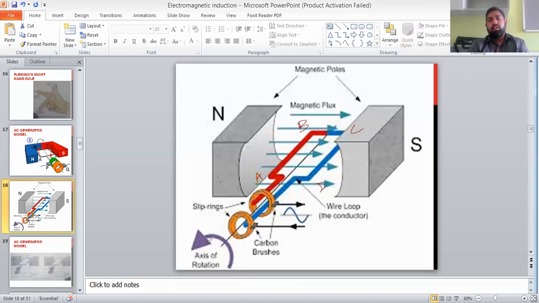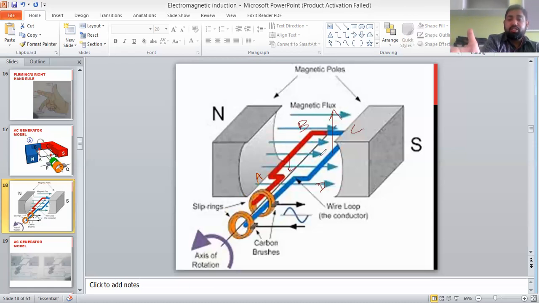So if it's moving anti-clockwise, you can consider the direction of force on AB and CD. So blue is moving up and red is going down. So you can apply Fleming's right hand rule on it. Direction of magnetic field is north to south, force is upwards, and direction of current is given by the middle finger.